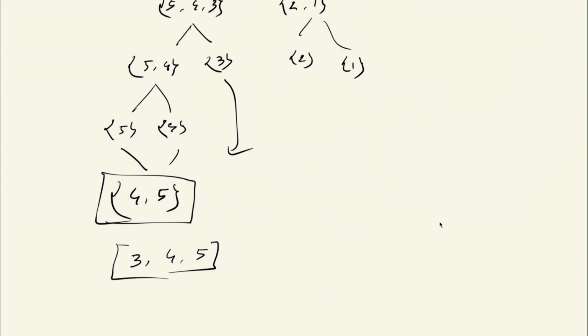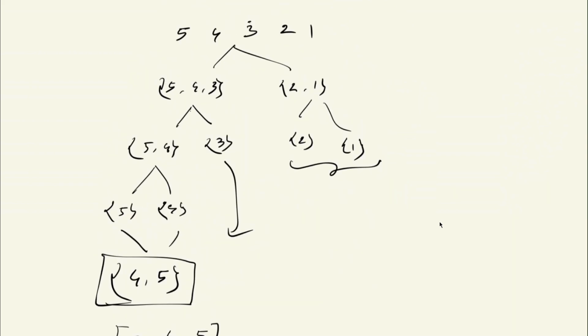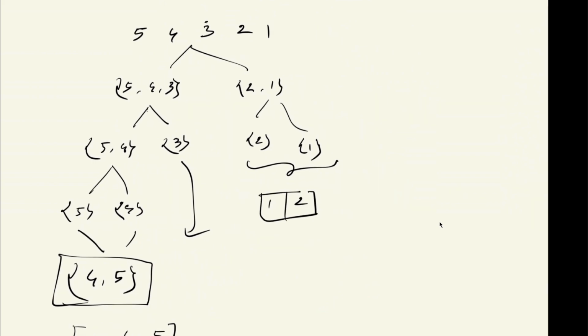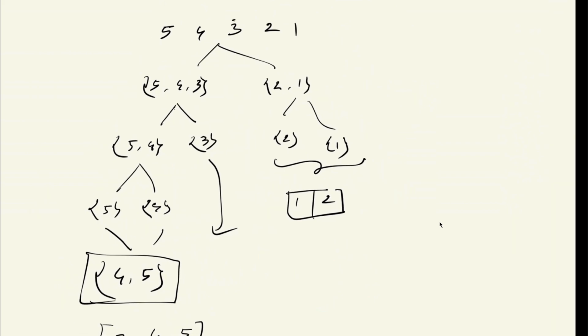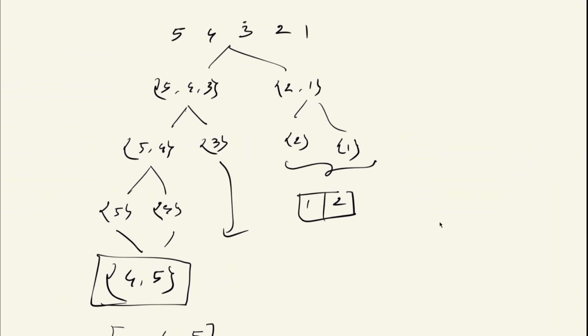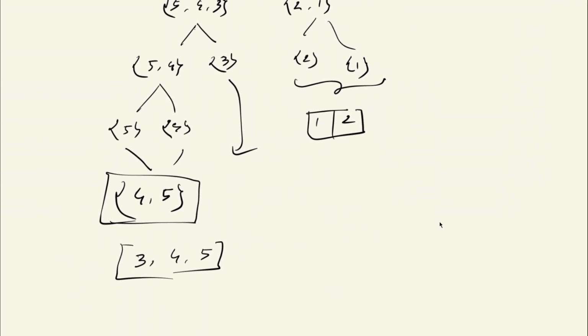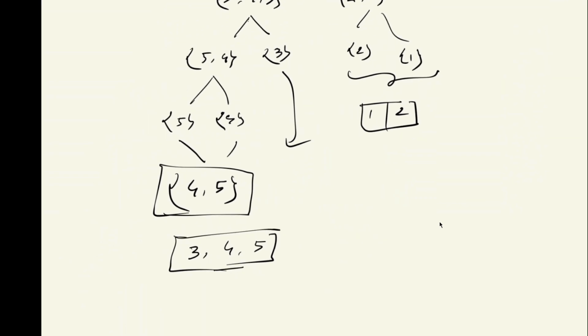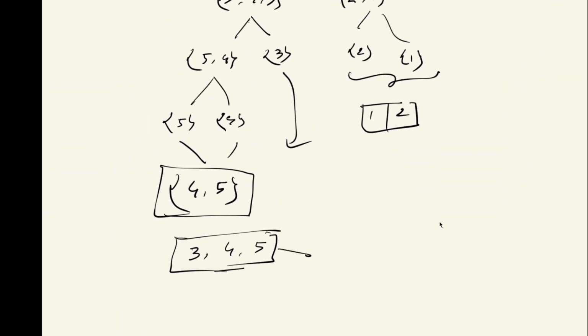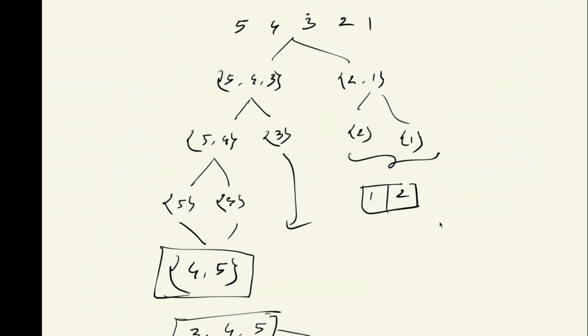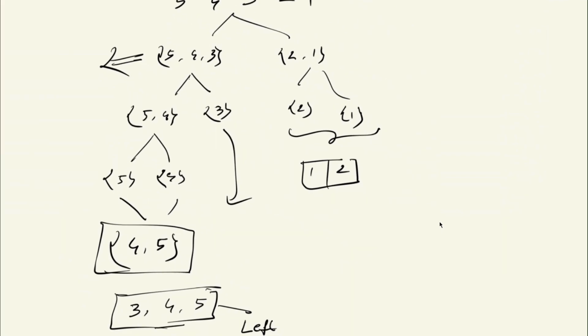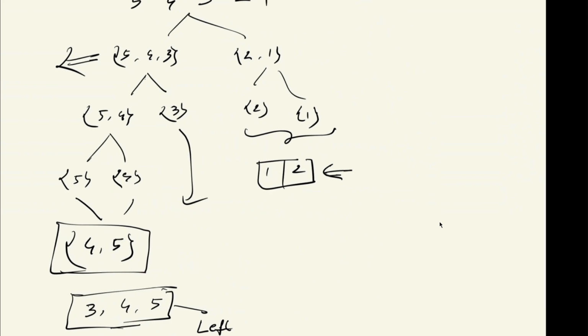For this part also we will get 1 and 2, and then here we will get these two parts of the tree. So now let's see the left part. This is the left part of the tree, and this is the right part of the tree.